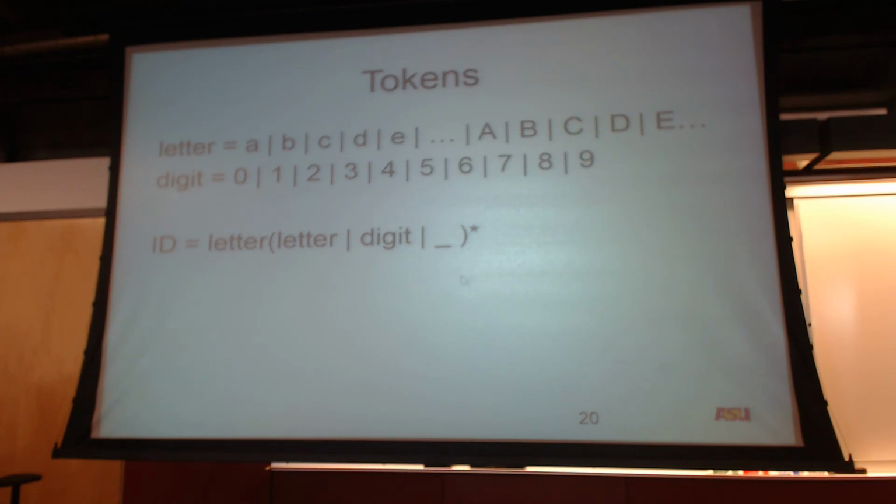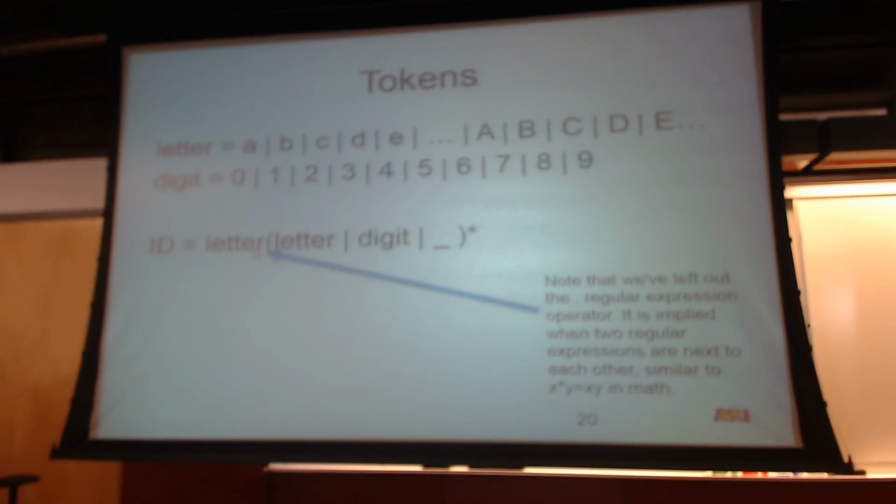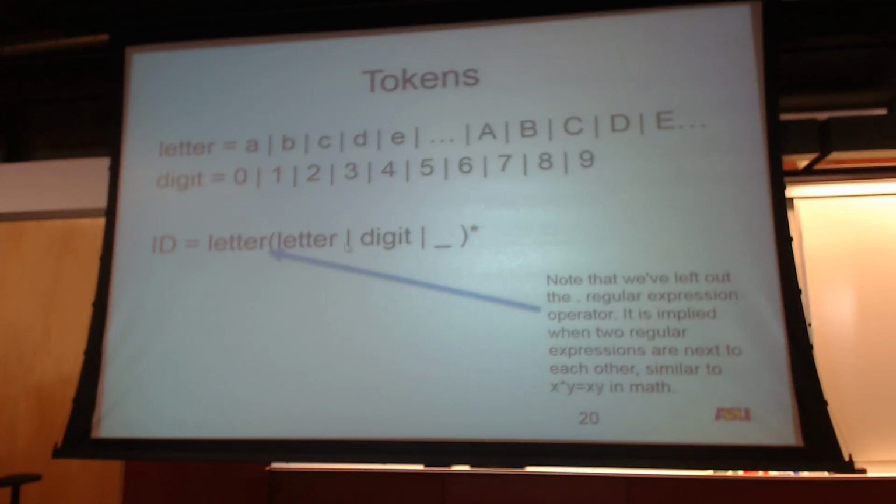This is a kind of complex thing to understand right now. So what is the regular expression? Letter, then parenthesis, letter bar digit bar underscore, star. Now note that here we have omitted the dot sign. There is a misuse of the regular expression, but in the course of this class we will allow certain misuses of terms because writing dots and stars and bars becomes difficult after a certain point.